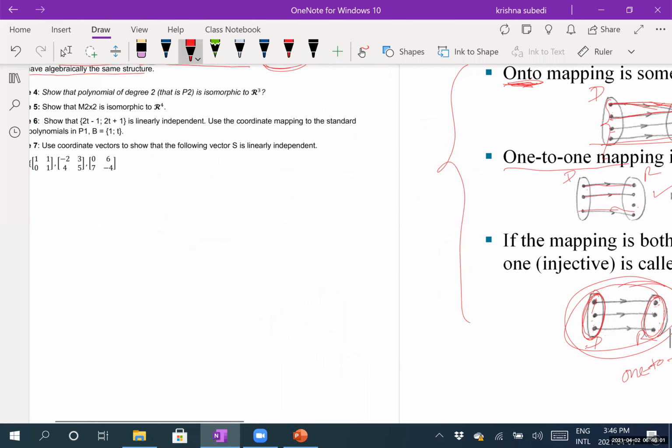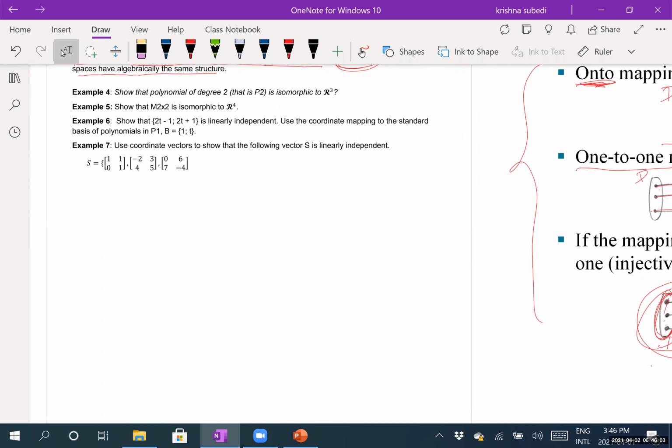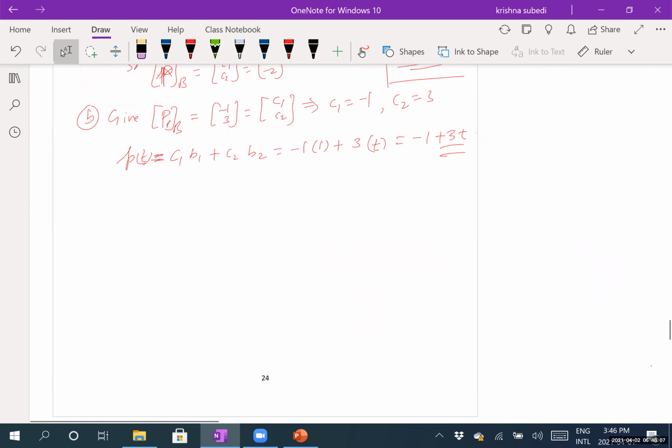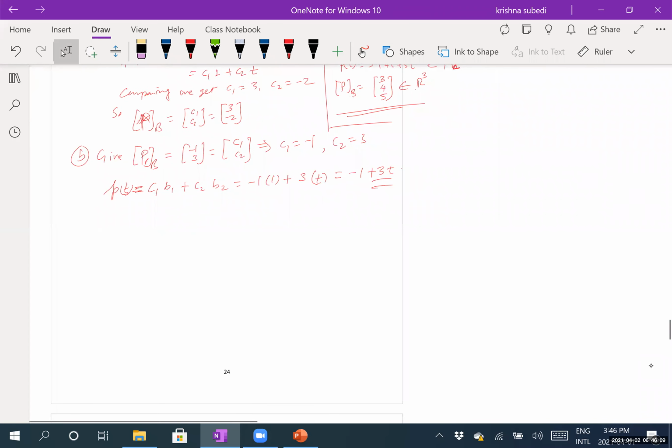Now, let's look at a few examples. Oh, by the way, let me just tell you one thing. Now, if you are given, let's say, polynomial, let's say 2 plus 3t squared. So find b coordinate of p.